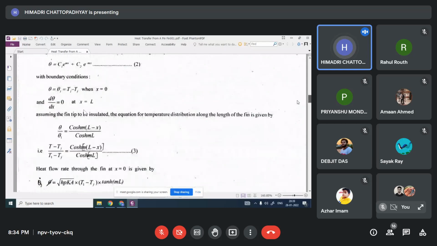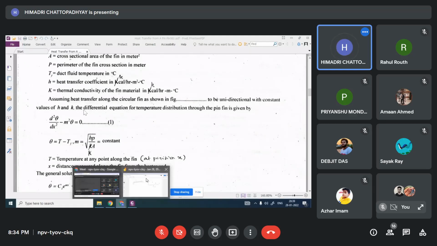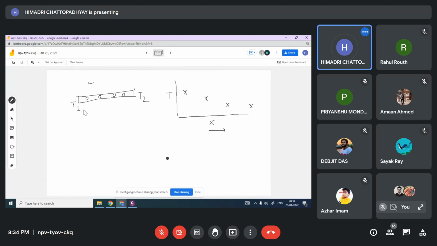The theoretical distribution comes from this equation: del square theta by del x square minus m square theta is equal to 0. This is the equation for pin fin heat transfer. So from this, you can find the theoretical points. So these are the experiment points, and let's say these are the theoretical. So this theory you have to calculate, and experiment you have to measure.